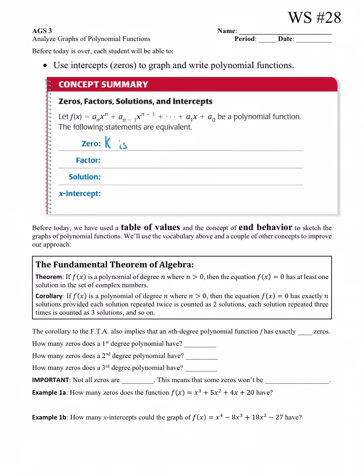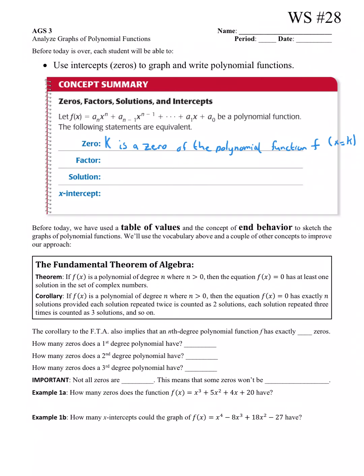K is just a placeholder, but it's a zero of the polynomial function, and we typically see it written as x equals k. That's what a zero looks like.